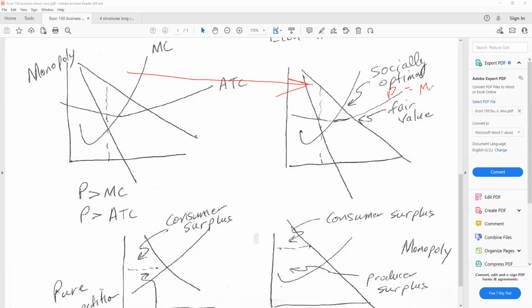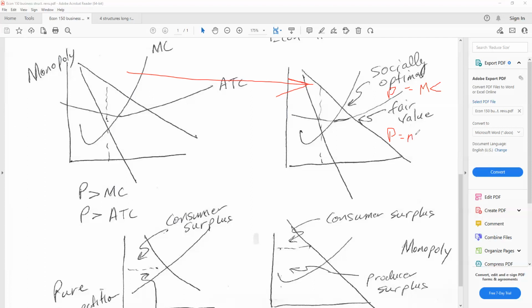The fair value price is how we would price the product that's offered by the utility company. The fair value price is where price equals the average total cost. But in this case, we're going to ask where average total cost shows on the demand curve.